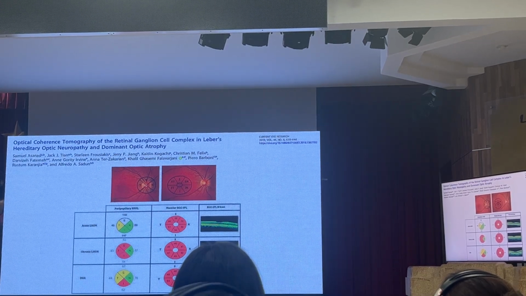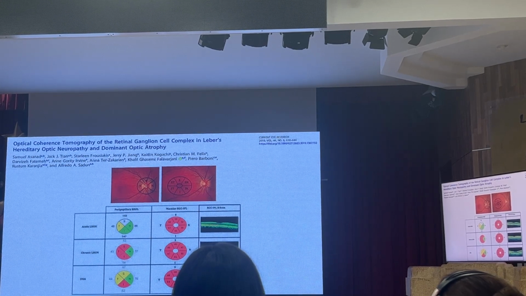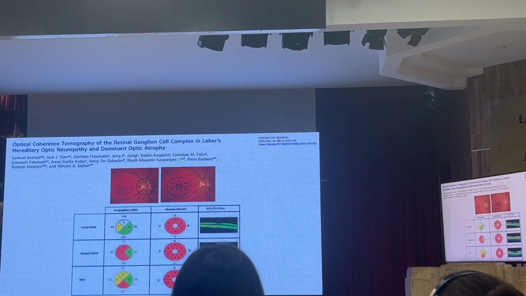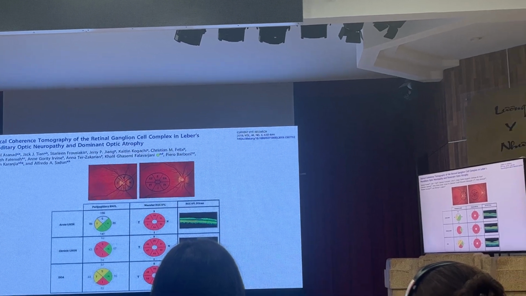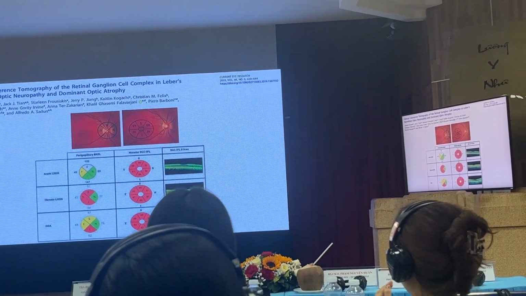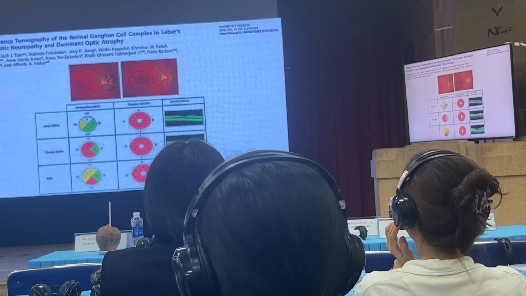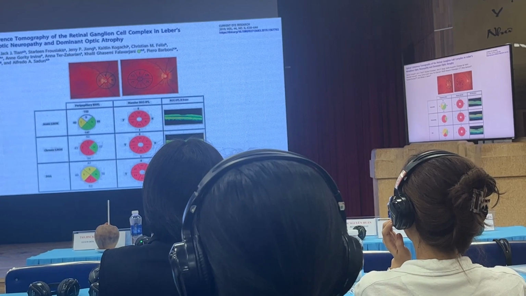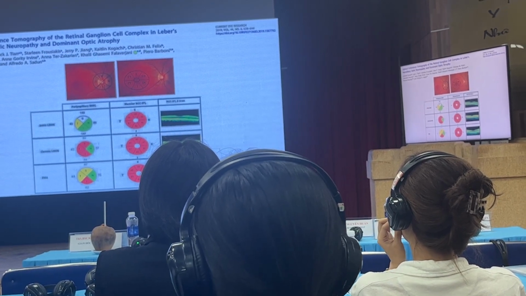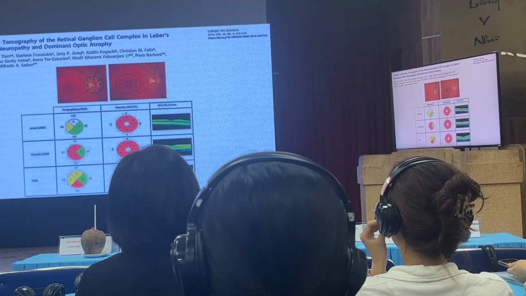You can try to do a differential diagnosis between Leber's optic atrophy and autosomal dominant optic atrophy. This study was done by Samuel Asanat. He tried to solve the problem, and he compared his patients with acute Leber's optic atrophy, chronic Leber's optic atrophy, and autosomal dominant optic atrophy.